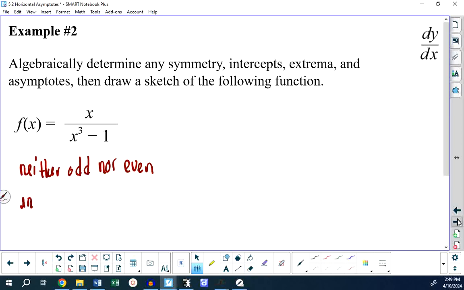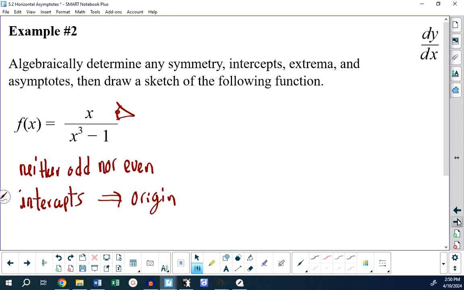Intercepts. The graph goes through the origin. When you look at the numerator to determine your x-intercepts, there's a factor of x, which means a 0 of the function is the number that makes that factor 0, which is 0. But if you have an x-intercept of 0, the y-intercept is 0.